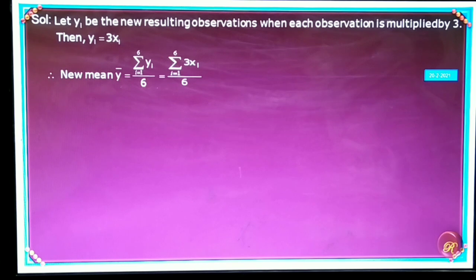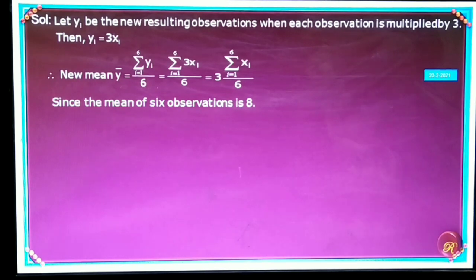Write that 3 in the beginning, is equal to 3 into summation of xi, i is equal to 1 to 6, divided by 6. Since the mean of 6 observations is 8, therefore new mean y bar is equal to 3 into 8, is equal to 24.